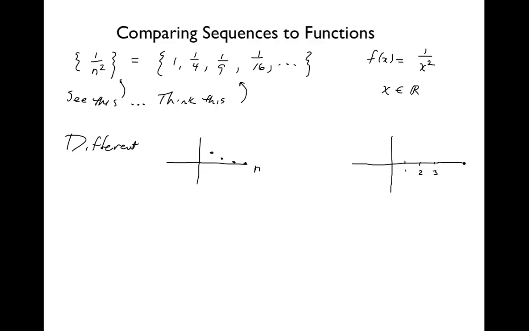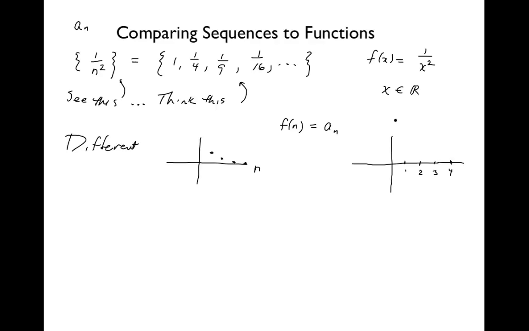We would say that f of n would equal a n. Those values are the same, but for the function we have everything in between for x.